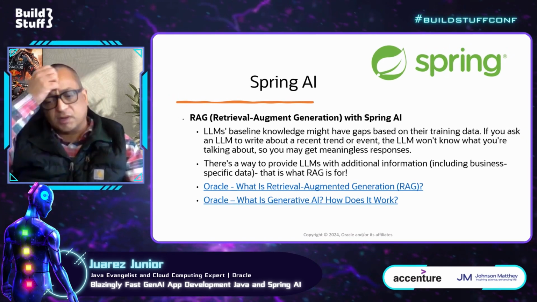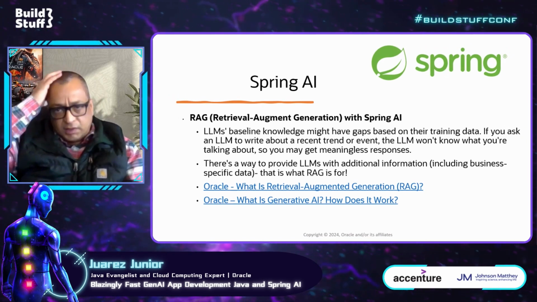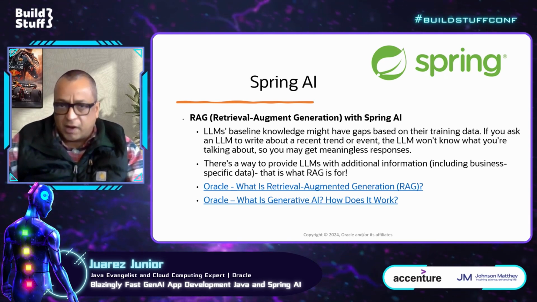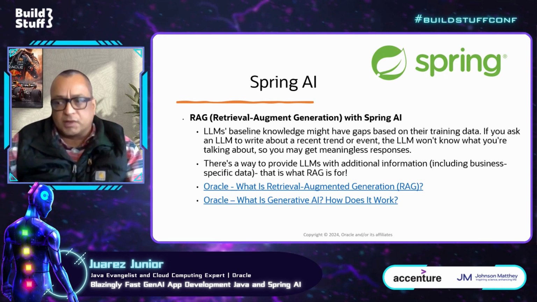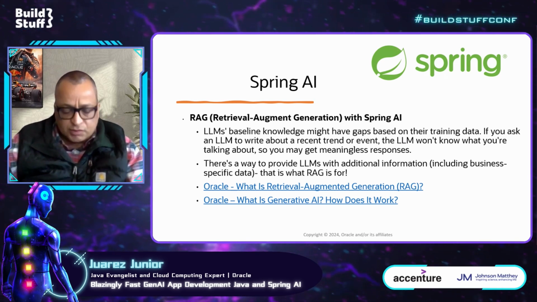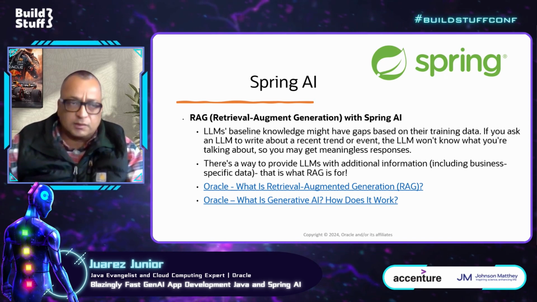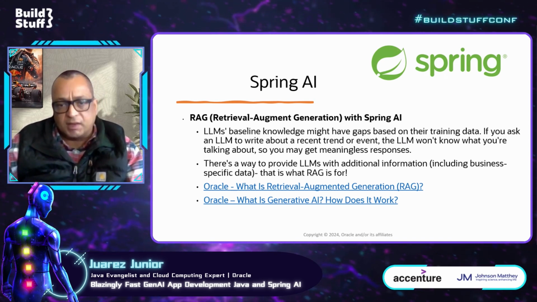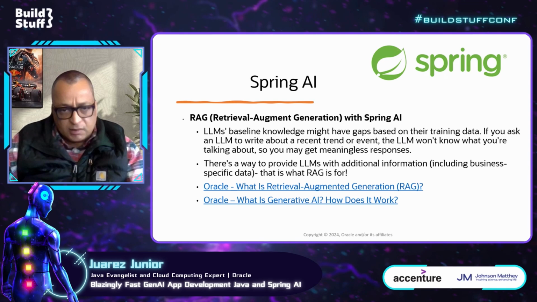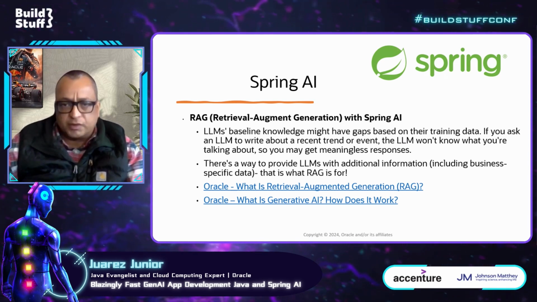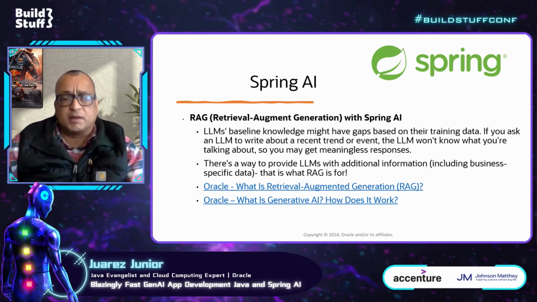That's important because if you have a core use case related to, I don't know, healthcare or telecom, you can just ingest business-related information related to the business domain. And with that, you can improve the responses dramatically.